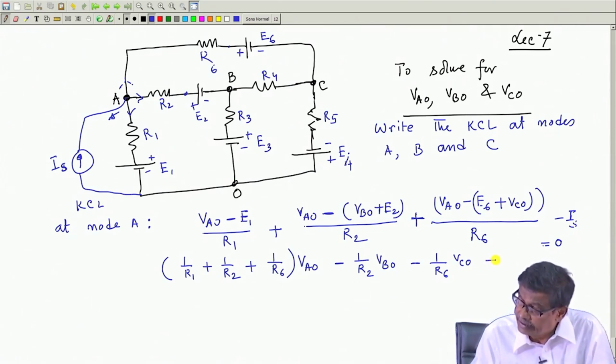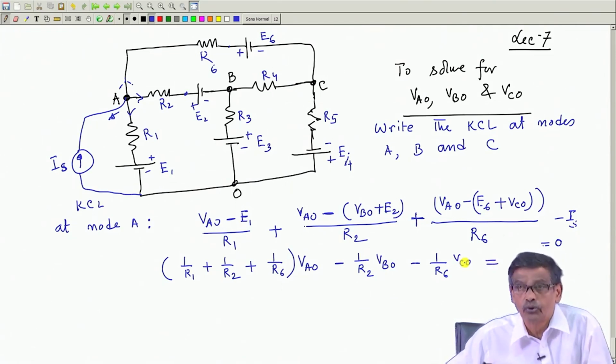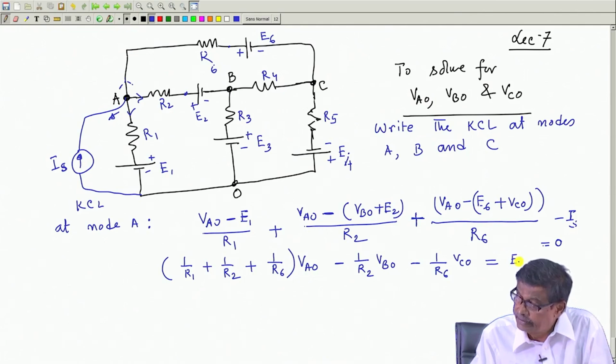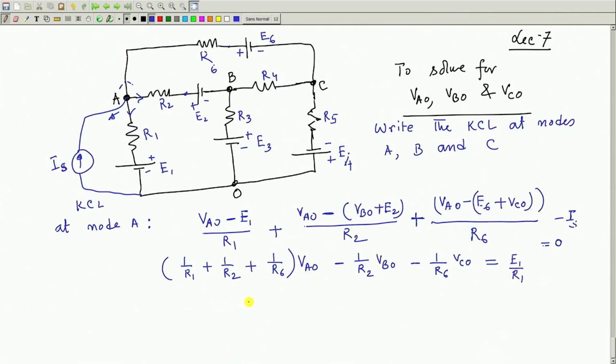And then on the right-hand side I will write down the sources. For example, it will be E1/R1 on the right-hand side, and then plus E2/R2, and then plus E6/R6, and then the other current source will also be written here, because these things are known.